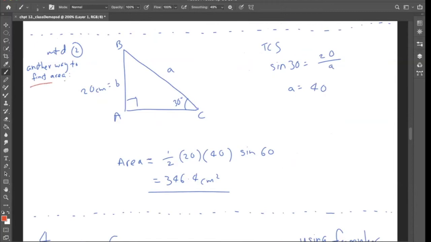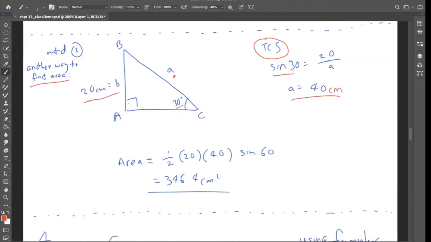So another way to find the area is, knowing that angle A is 90, I will draw this again. I know B is 20 centimeters and C is 30 degrees. How to find A? So 90 degrees means what? I can use what? Pythagoras, right? So sine 30 is 20 over A, so A will be 40 cm. Okay?